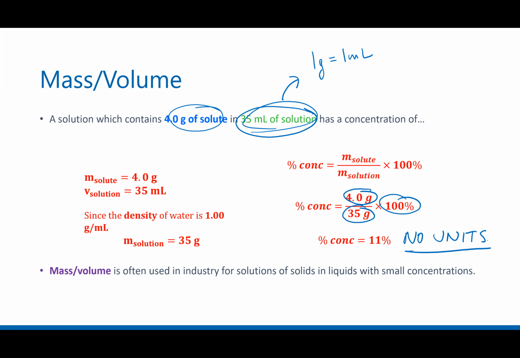So 35 milliliters is equal to 35 grams. You don't even really need to worry about the units. You just need to make sure that you divide the 4 grams of the solute by the 35 milliliters of solution. You can divide that out and you will get 11%.